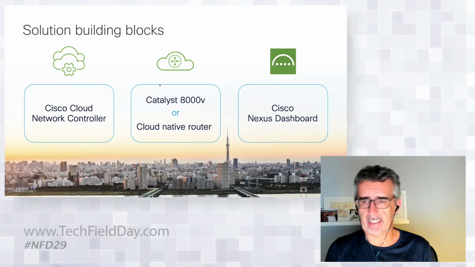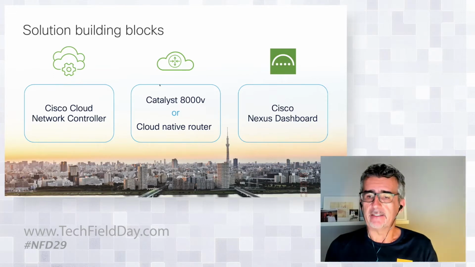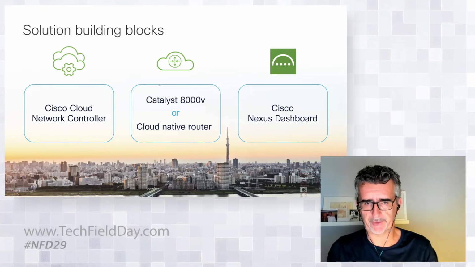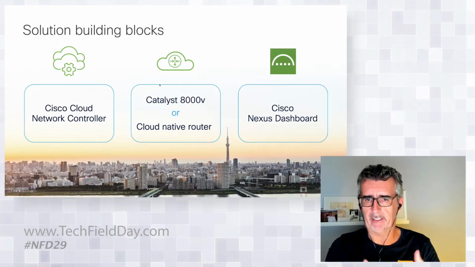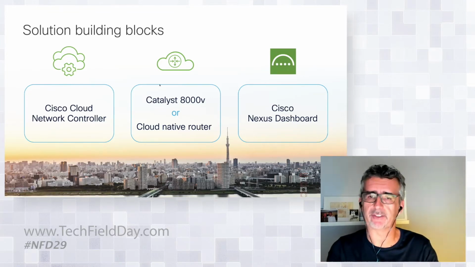And third, last but not least, the Cisco Nexus Dashboard, which is the Cisco compute platform that hosts different services that are needed for the provisioning, monitoring and troubleshooting also of this hybrid cloud end-to-end solution, right?